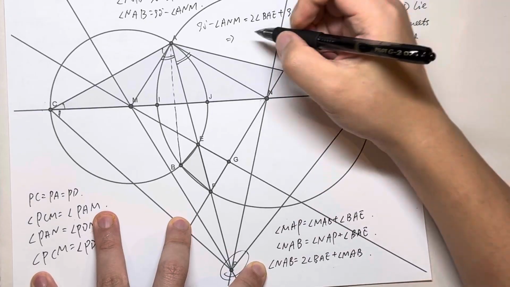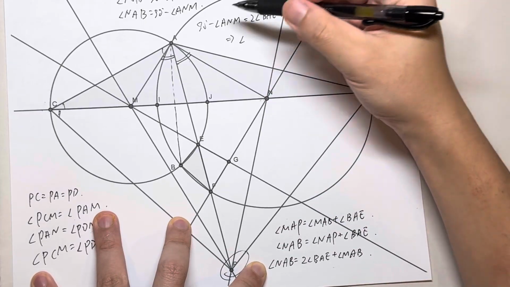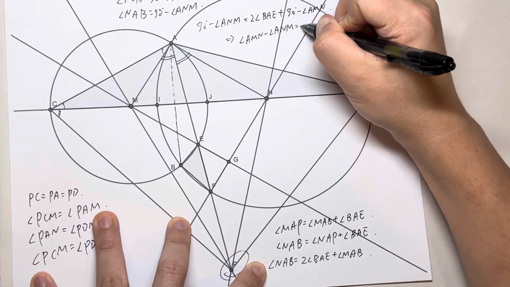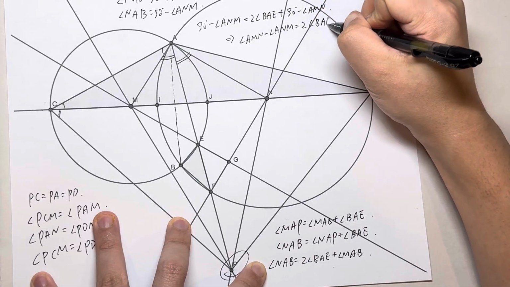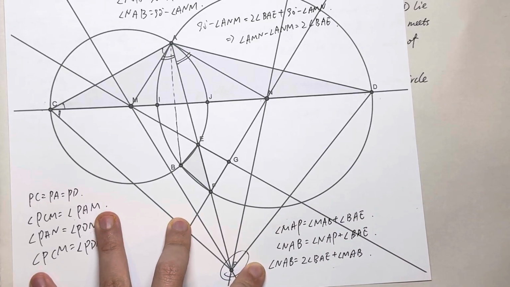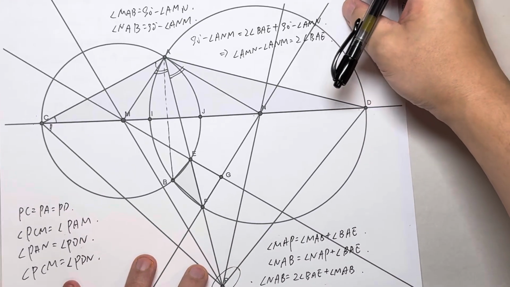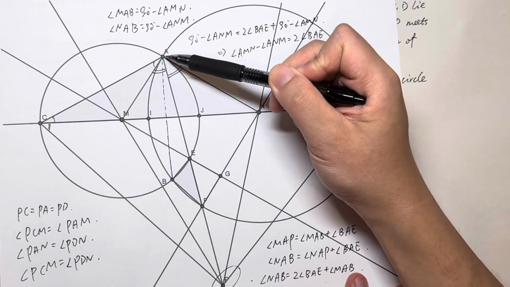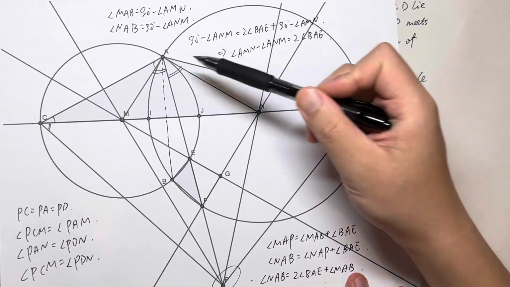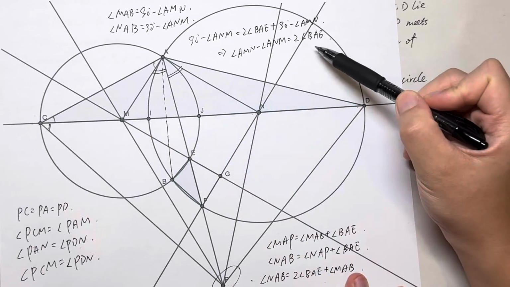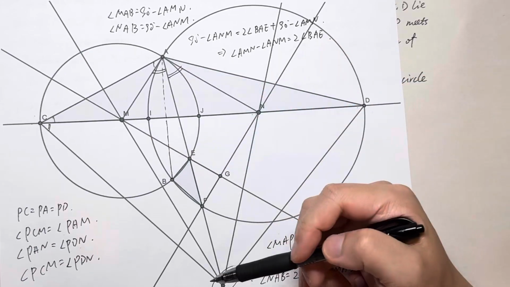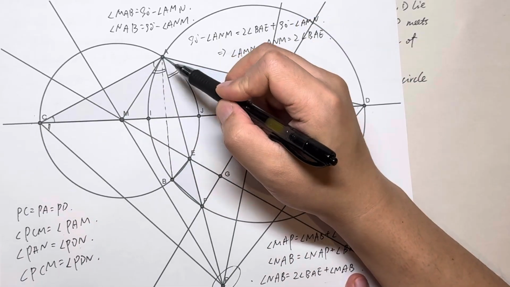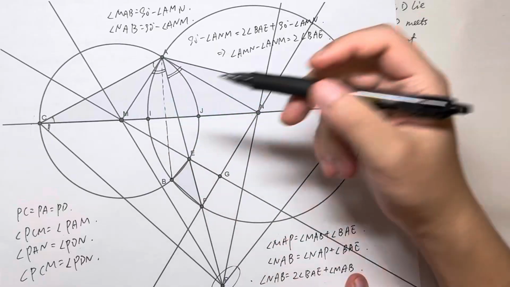So we get angle AMN minus angle ANM equals twice angle BAE. Right? And what is angle AMN? That is twice angle ACM.